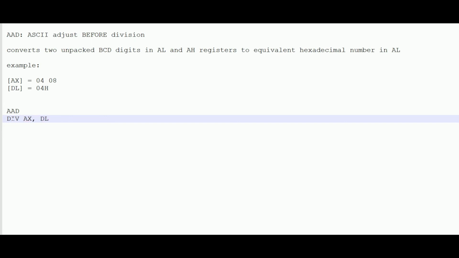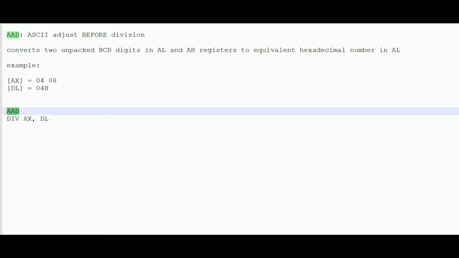What happens with the AAD instruction? It converts the two unpacked BCD digits in AL and AH to the equivalent hexadecimal number in AL.